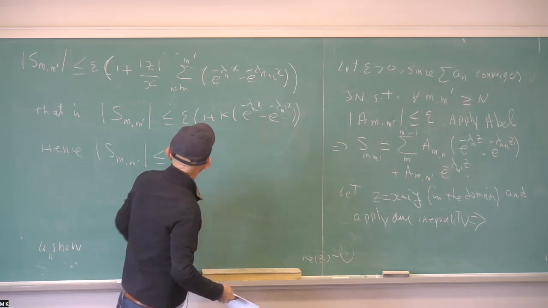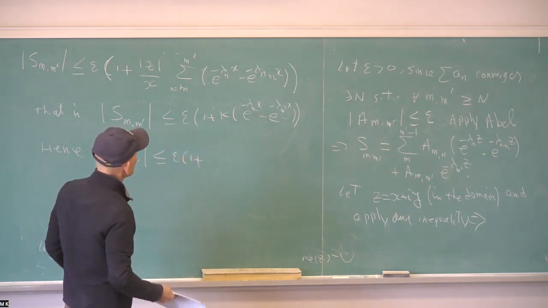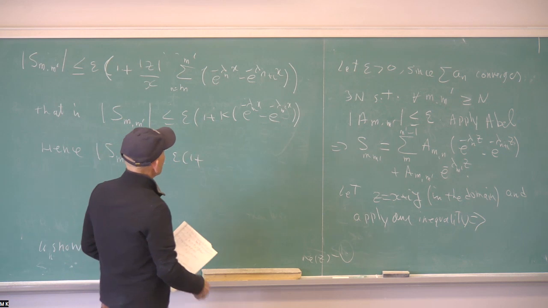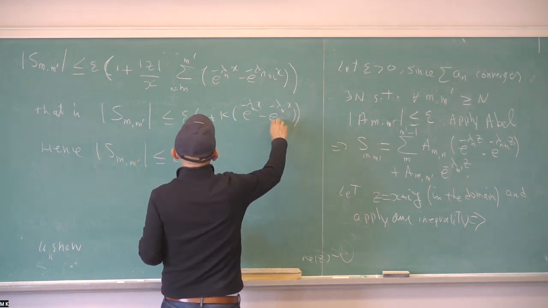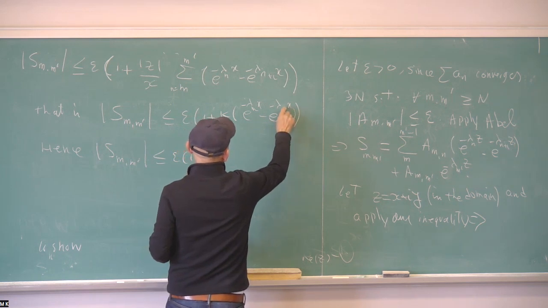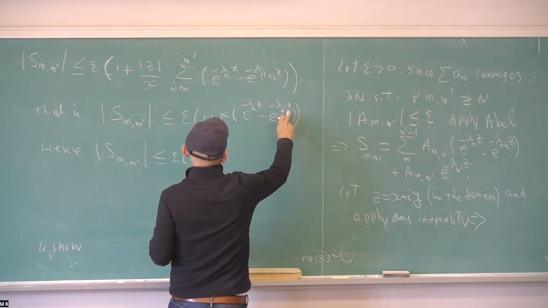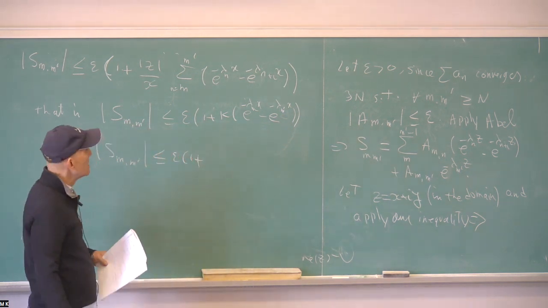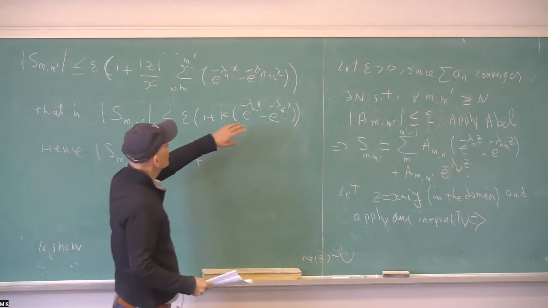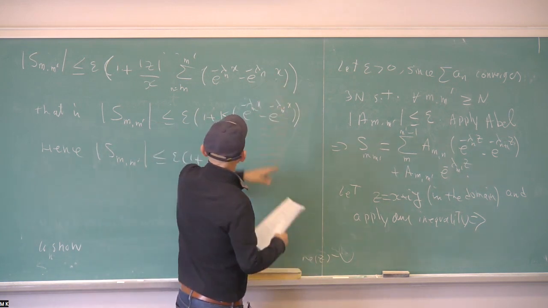Where does this come from? The last term should be M prime, not M prime plus 1. Oh, here, this is N plus 1.